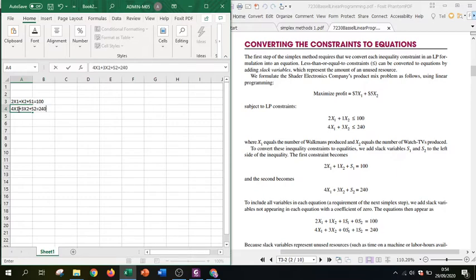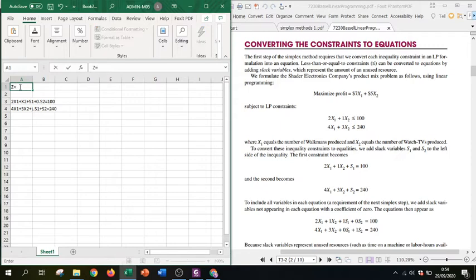We can add plus 0 s2, and then add 0 s1 plus s2. And then the objective function we can change by adding the slack variables.